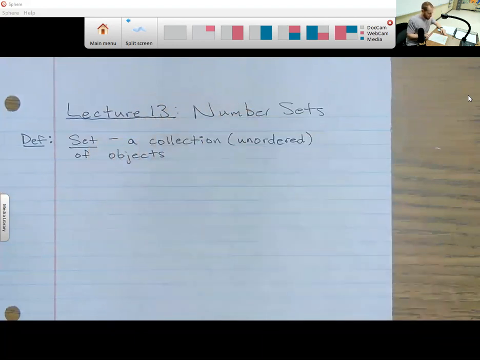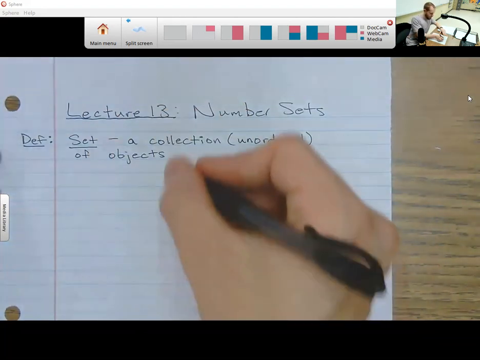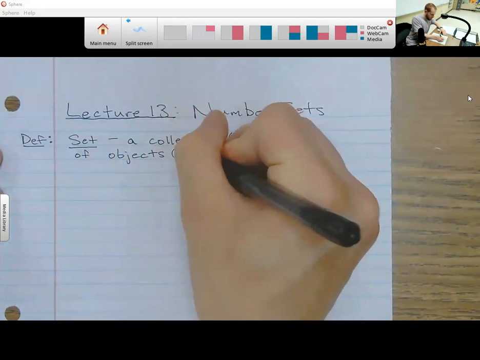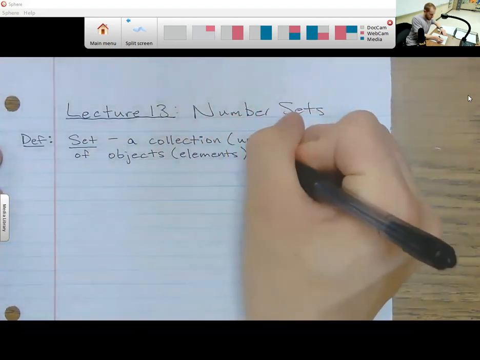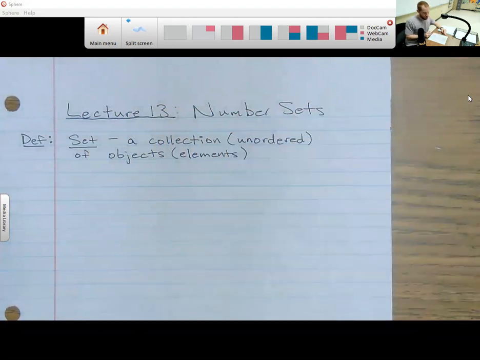It's just a collection of objects. Or instead of objects, we can call them elements. Has nothing to do with chemical elements like nitrogen or oxygen or anything like that. It's just a bunch of objects that are all kind of thrown together, and they all kind of share the same characteristics and stuff like that.